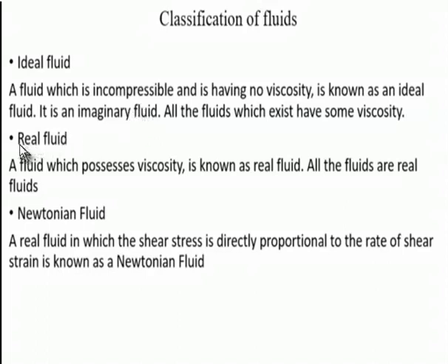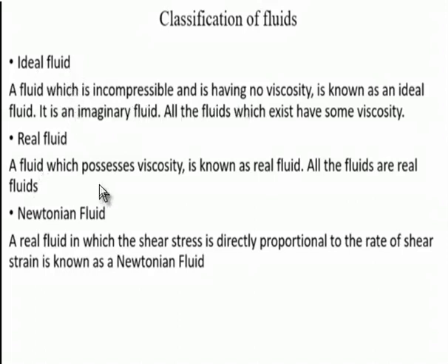Okay, so next one is the real fluid. A fluid which possesses viscosity is known as a real fluid. All the fluids which exist in our universe are real fluids. Which possesses viscosity means the fluid which has viscosity; such fluids are called real fluids. The fluid which does not have viscosity is called an ideal fluid.